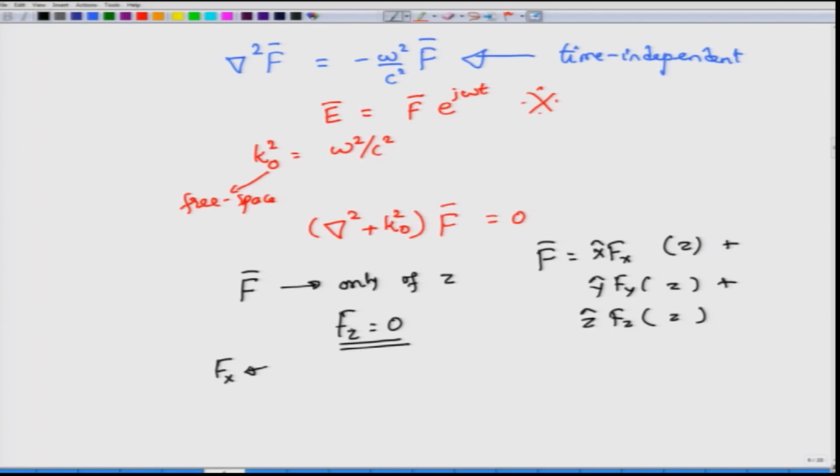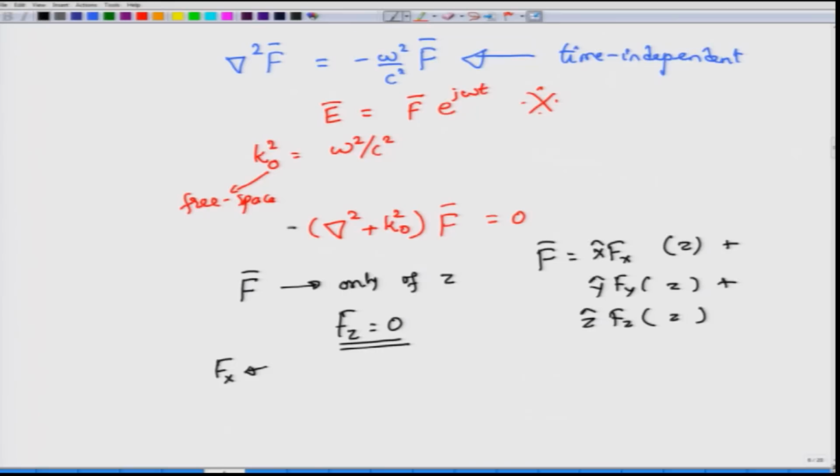So, what I have done is to assume that there is no electric field component along the z direction, and whatever field components I have will be either along x or along y or along combinations of both, because both are actually allowed. This k 0 that we have written will remain unchanged.